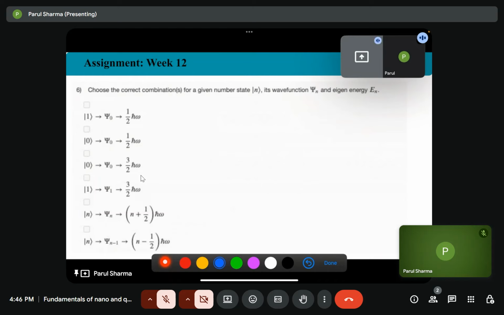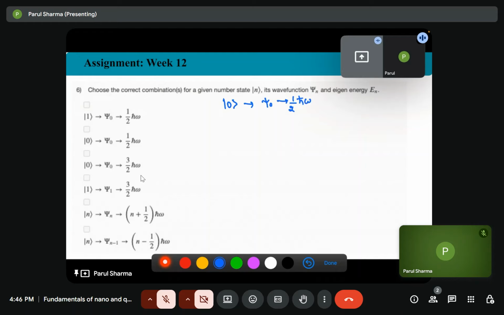Next question is choose the correct combinations for a given number state n, its wave functions and eigenenergy En. So we know that for the ground state we have the eigenstate psi naught and the ground state energy is half h cross omega.